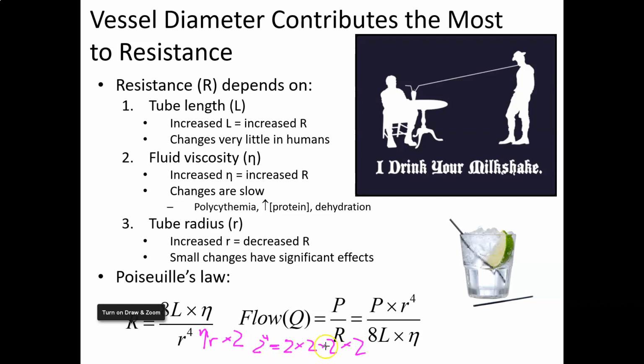So that is 4, 8, 16. So this would have a 16 times change on resistance, and since radius went up and they're inversely proportional, this would have a 16 times decrease in big R. So that's the significance of R to the fourth power.